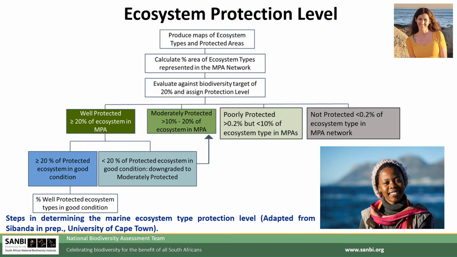So we're basically applying a filter here that if an ecosystem type meets its target, but that ecosystem type is in poor condition because of activities within the marine protected area, for example, then that protection level is downgraded to moderately protected.